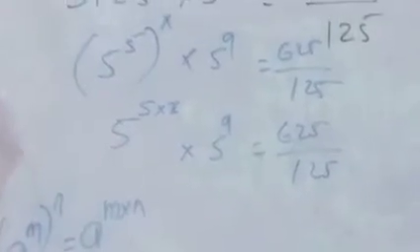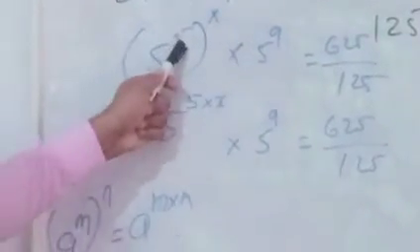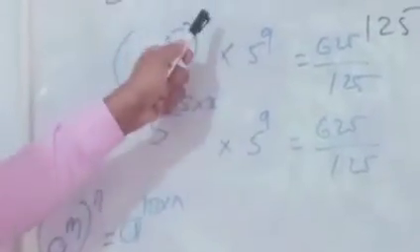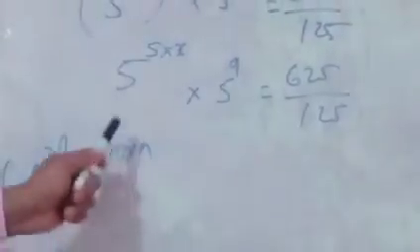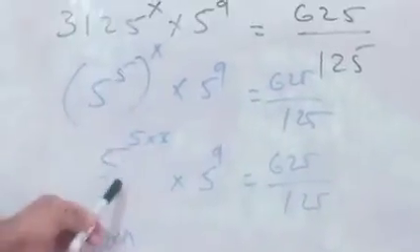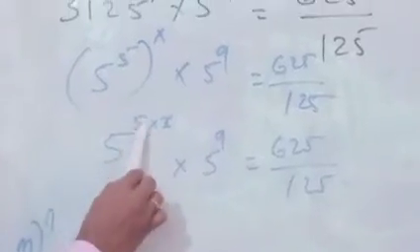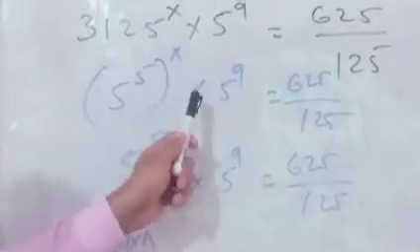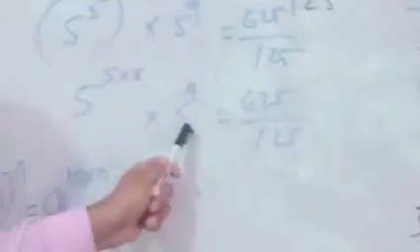Understood why I am writing like that? We can write according to this exponent equation, a raised to m whole raised to n is a raised to m into n. The same equation I am applying here, then I got 5 raised to the power 5 into x, then the remaining thing into 5 raised to the power 9, and 625 by 125. Understood?